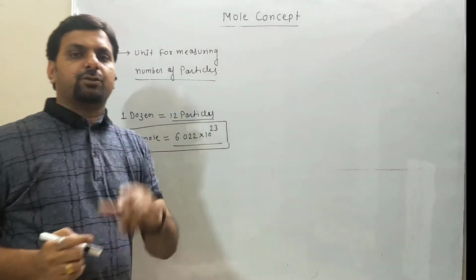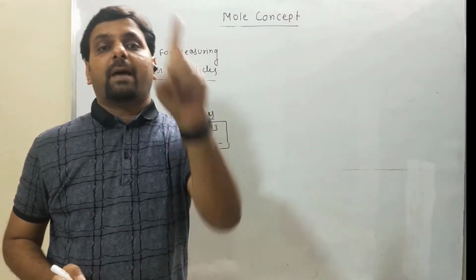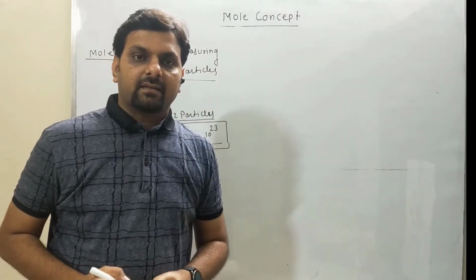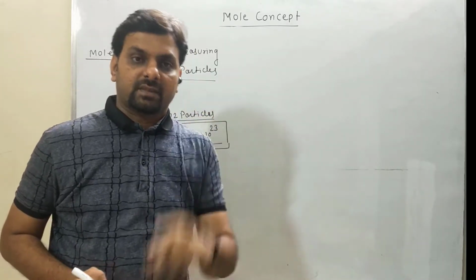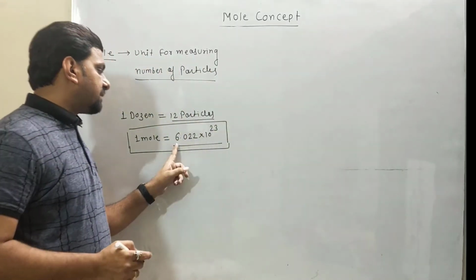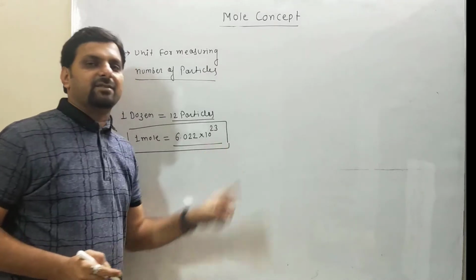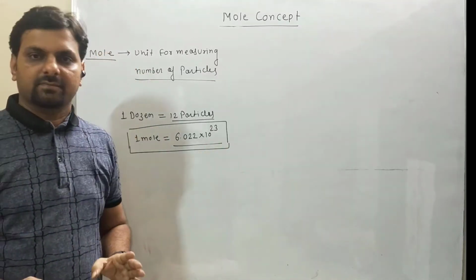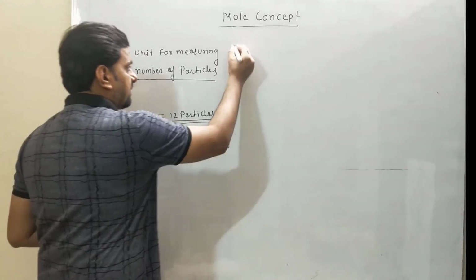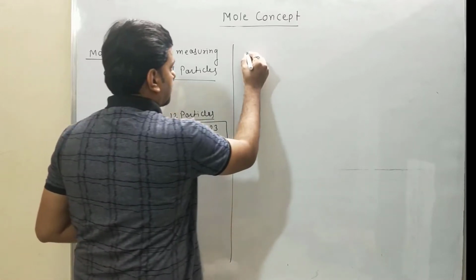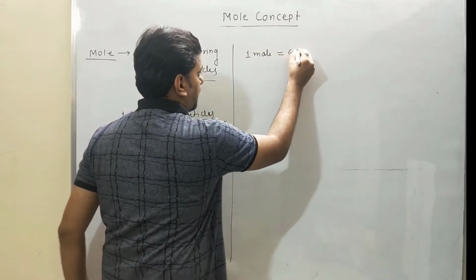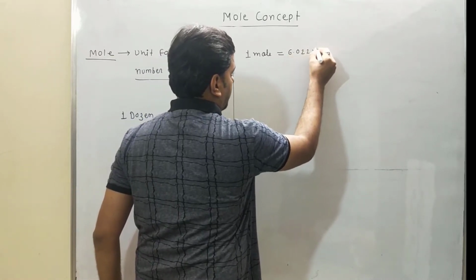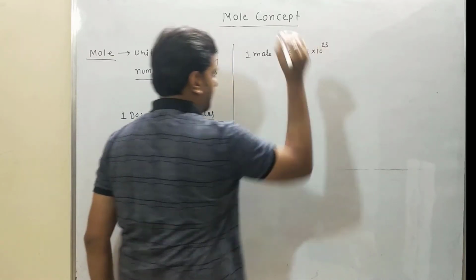If I ask you to bring 1 mole of apples, you are supposed to bring 6.022 into 10 raised to 23 apples. So the first thing is very clear: 1 mole means 6.022 into 10 raised to 23 particles.